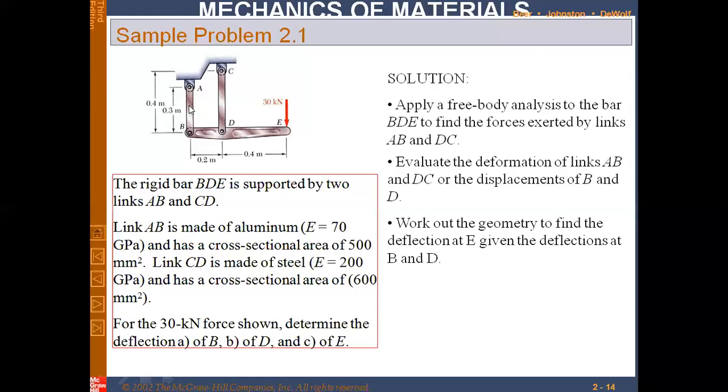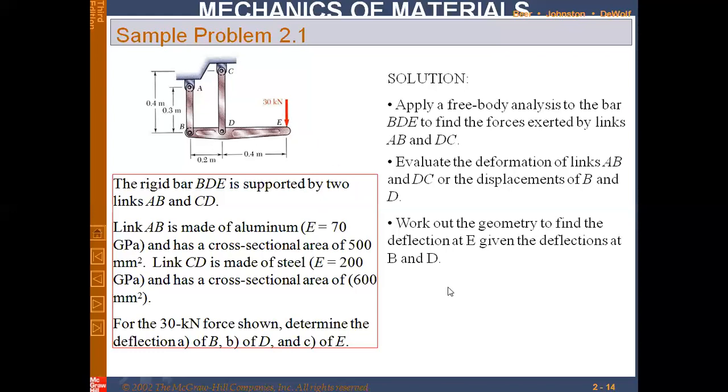We could visualize that this link would be in compression, and this link would be in tension. So the new position after the application of this load could be somewhat like this.